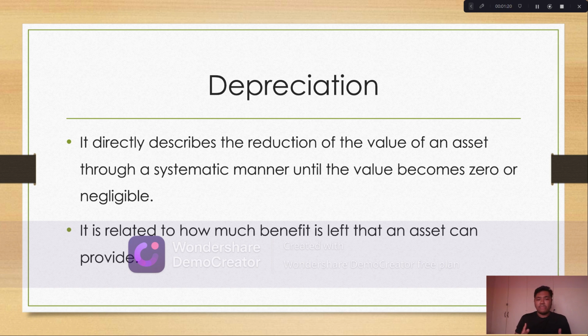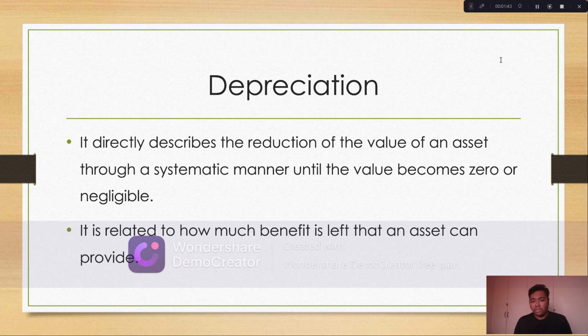Nevertheless, for better understanding, depreciation is basically related to how much benefit an asset can provide in a certain year until it won't be giving any benefit anymore, since it will become zero or negligible, since it has a timed life.